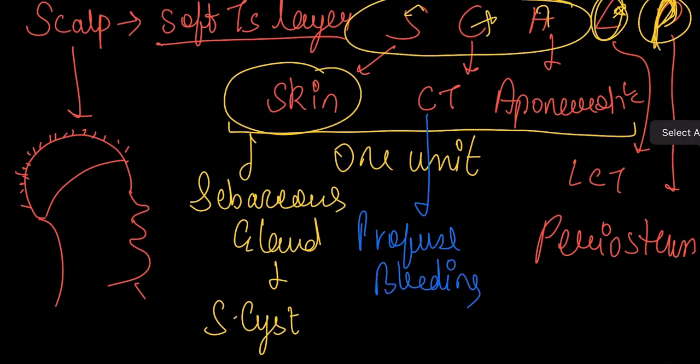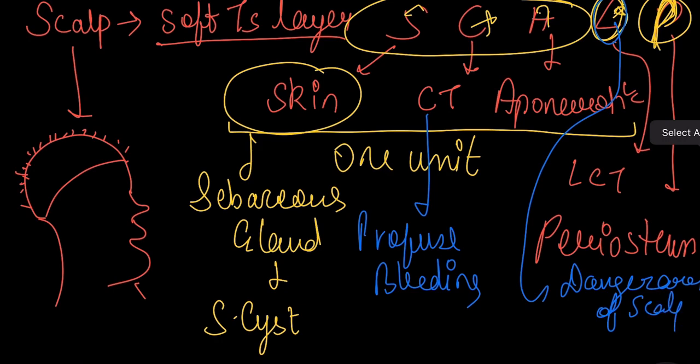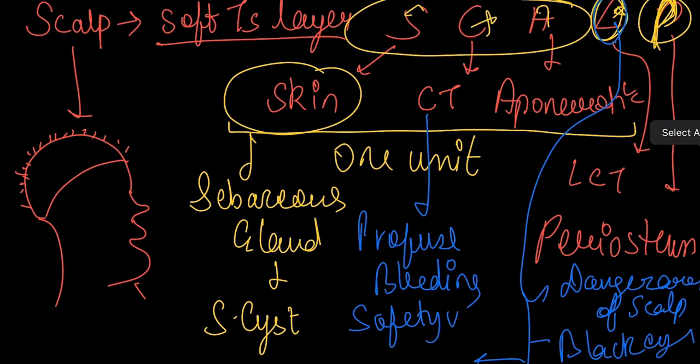When we say that layer L is very important, how is it important? It is important because it is the danger area of the scalp, plus black eye clinical significance, plus it also forms safety valve hematoma.